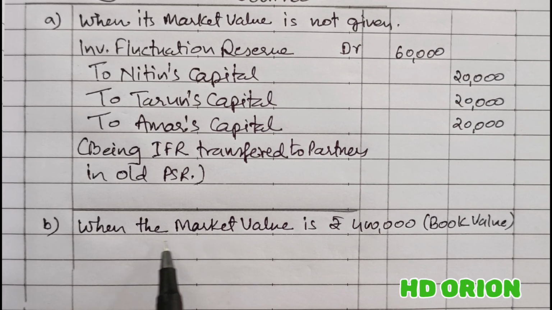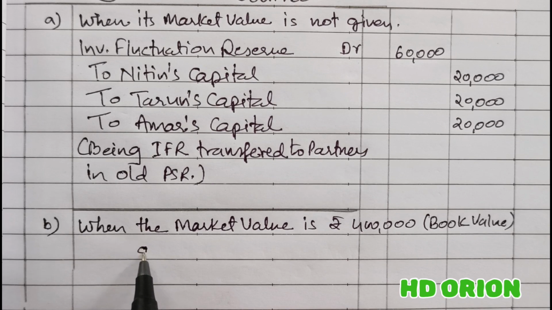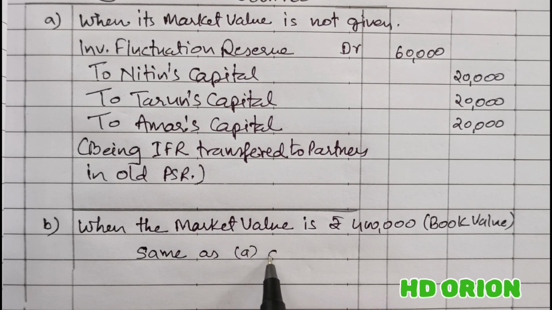So the journal entry for this case will be same as case A above. We need not pass any special journal entry. It is the repeated entry to be made because the market value and the book value are same. So there is no increase in the prices nor is there a decrease in the prices of investments.